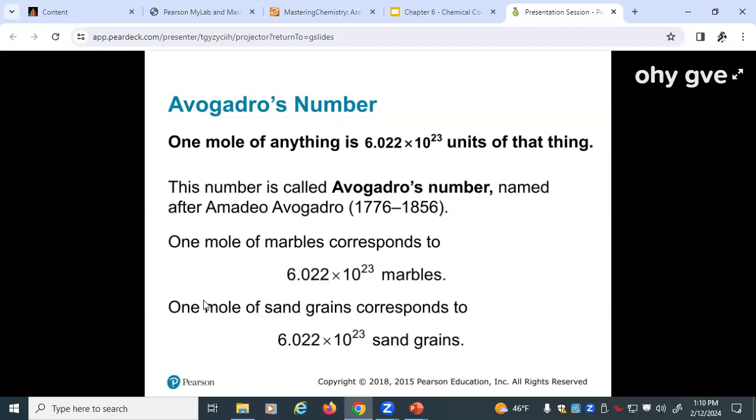In that case, jelly beans. A mole of popsicle sticks has 602 sextillion popsicle sticks in it. So, conceptually speaking, a mole is just a stand-in for a number, and that number happens to be Avogadro's number.